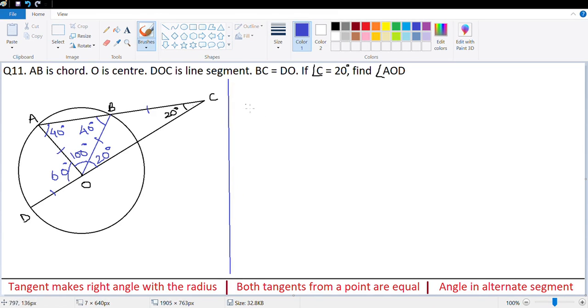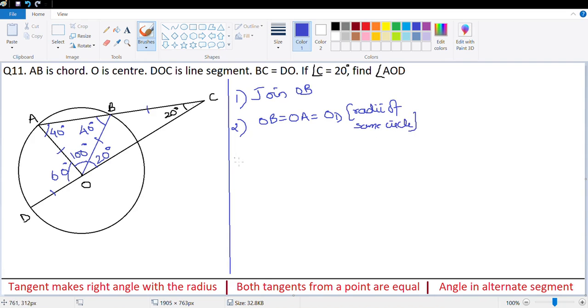Point number 1, join OB. Point number 2, OB is equal to OA is equal to OC is equal to OD, radii of same circle. What this means is in triangle OBC, OB is equal to OC. Now this is given, which means triangle OBC is isosceles.